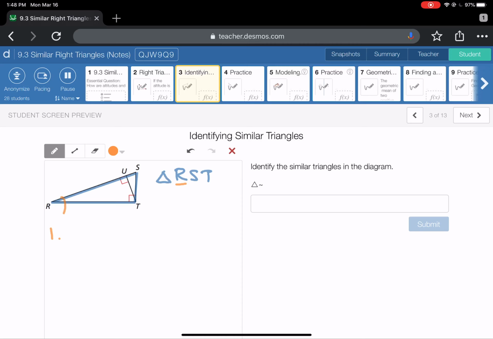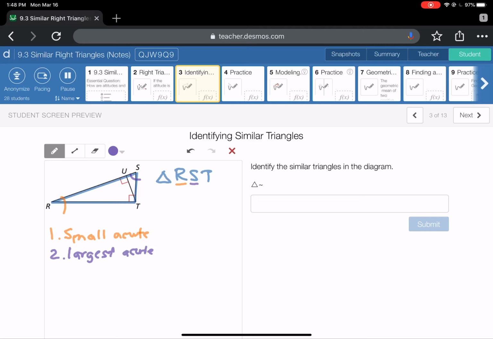Here, angle R looks like it was the smallest acute angle. Let's keep that in mind: smallest acute. Next, our second letter was angle S, which is our largest acute angle.